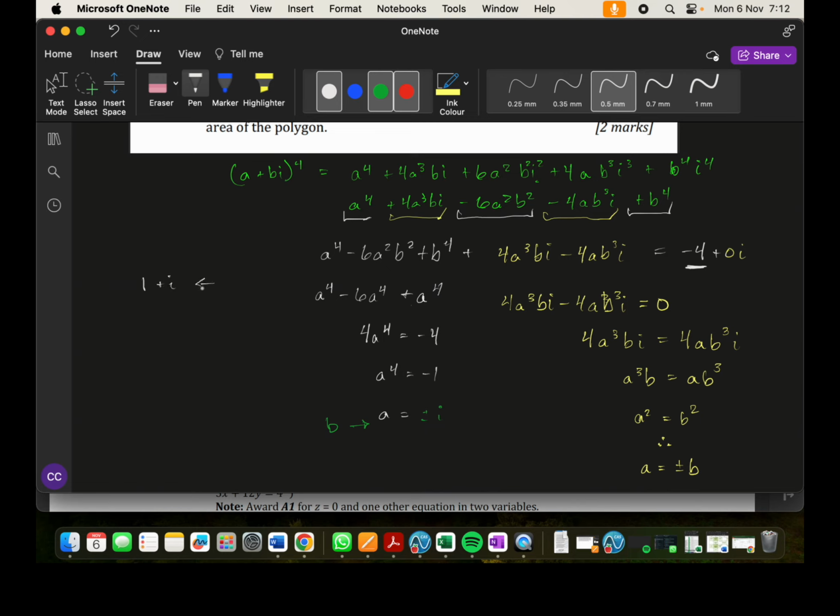If this is one of my roots, it could also be -1 plus i, and it could also be 1 minus i or -1 minus i. These are the four roots, because if one of the roots is complex, then its conjugate is also a root. So we just work around that way.